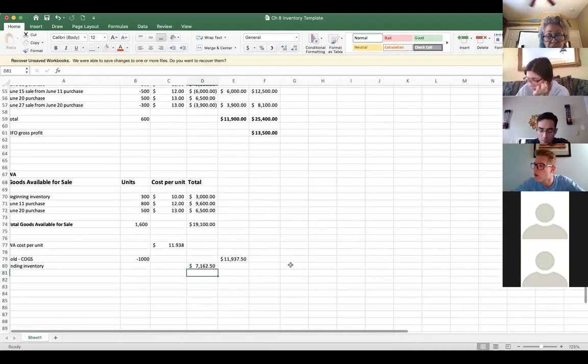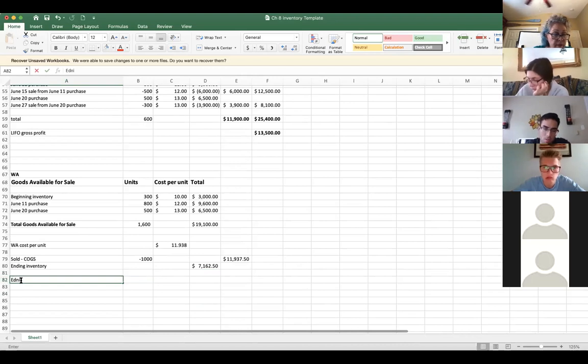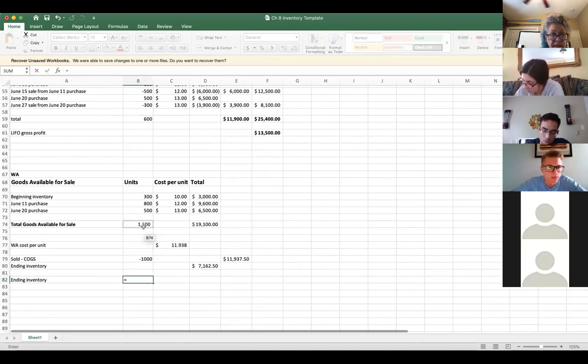Another way that I could calculate it is how many units did we have in ending inventory? If I had 1,600 available and I sold 1,000, we have 600 units in ending inventory.